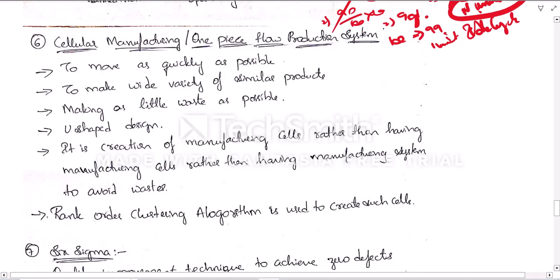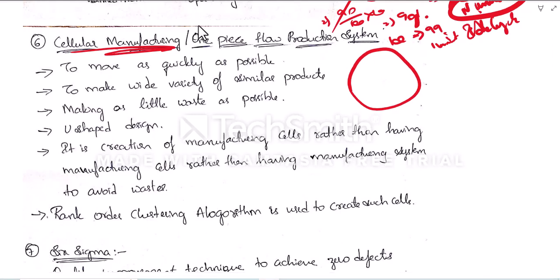Next, cellular manufacturing. See, we have already discussed the cells earlier in the same chapter. Rather than having a big manufacturing system, we have small clusters of cells. In that we have all the equipment, but in small size. They can do the entire process within them. It is generally U-shaped to avoid unnecessary movement of goods.